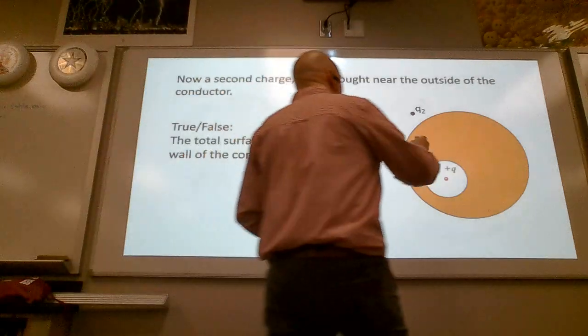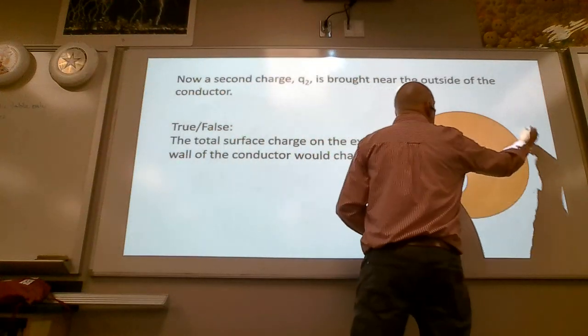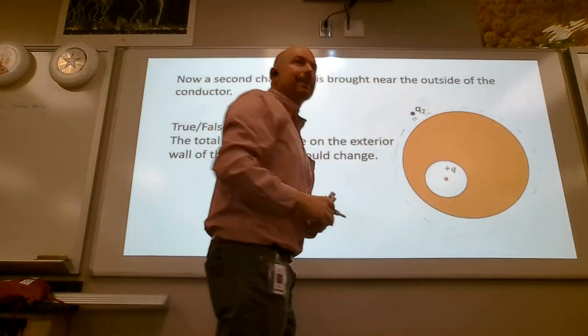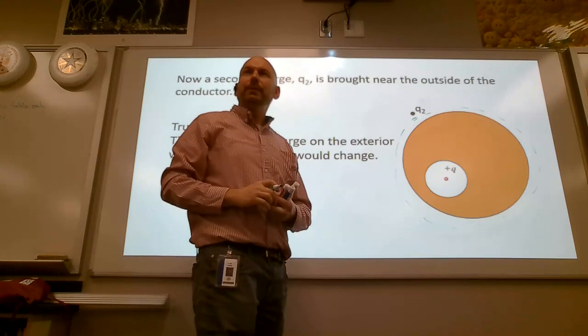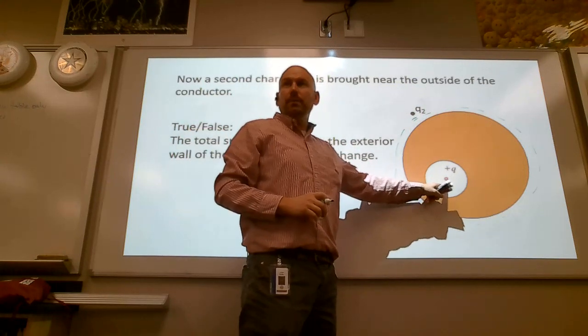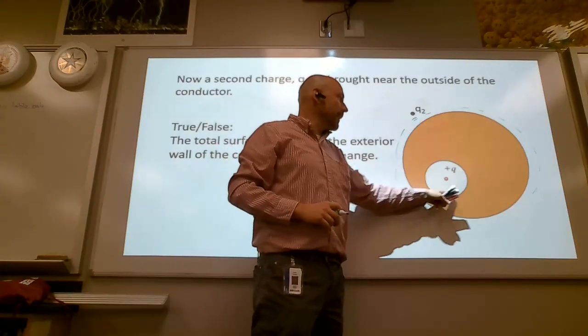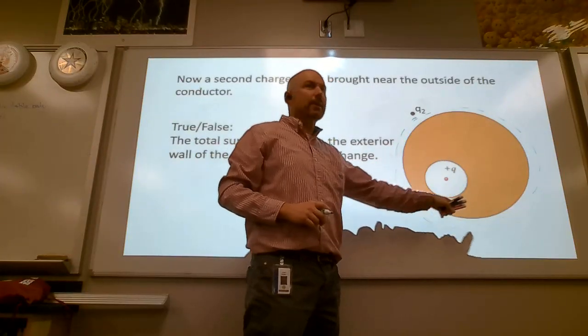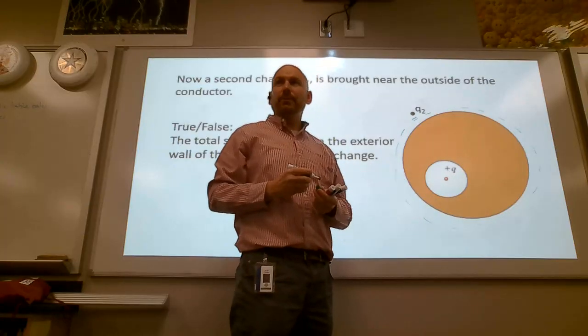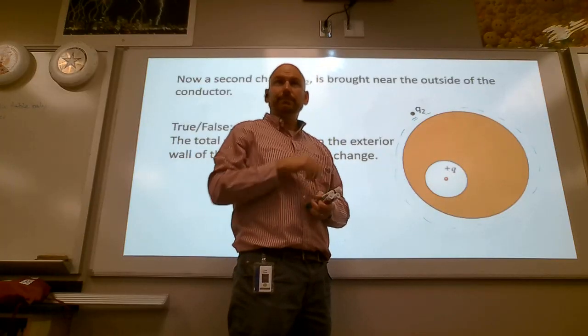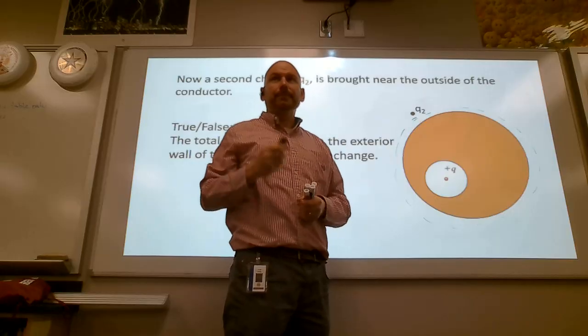If you had your Gaussian surface like that, the charge enclosed is Q. This thing's neutral. This becomes negative Q. Therefore, on the outside, this has to be positive Q. All right with that?